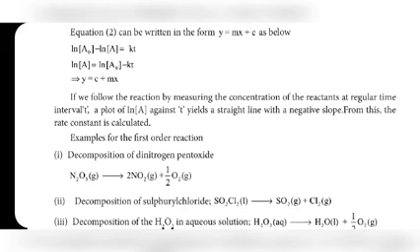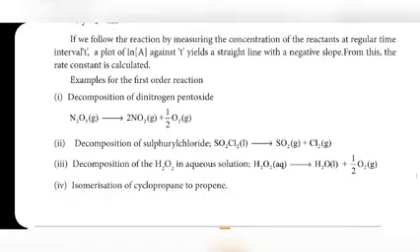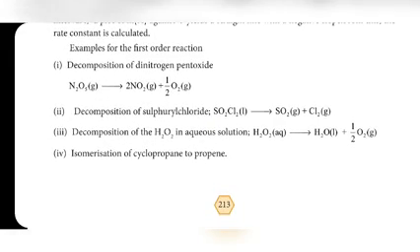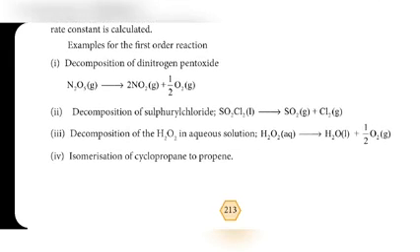Next one, examples for the first order reaction. Some examples are given. Decomposition of dinitrogen pentoxide. Di means 2.